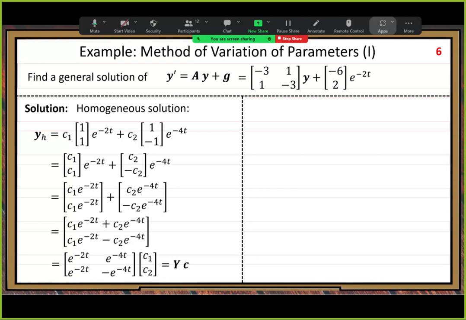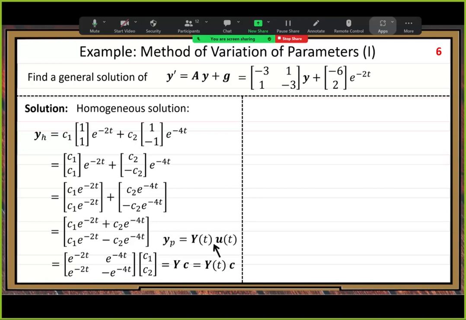The change we want to make is on the constant C vector. We change from a constant C vector to a variable function vector, U or V, a function vector. Capital Y is a function of t, but capital C is not a function of t.